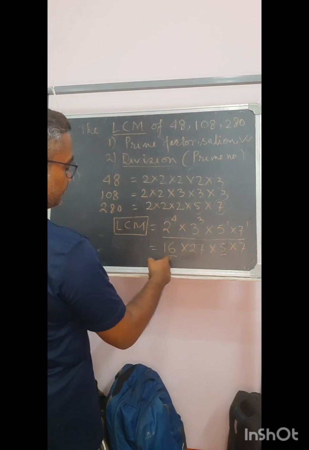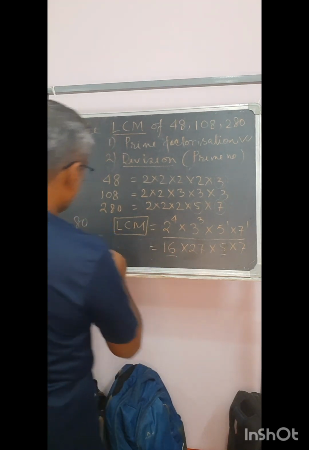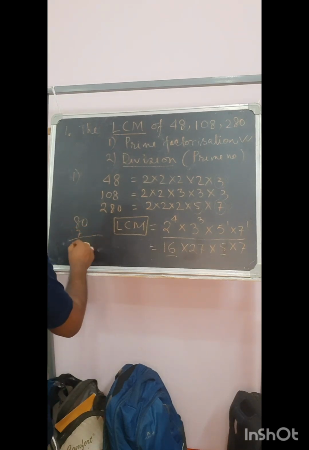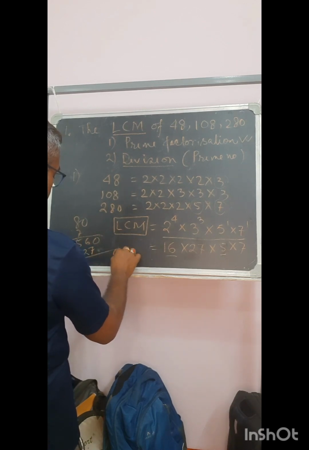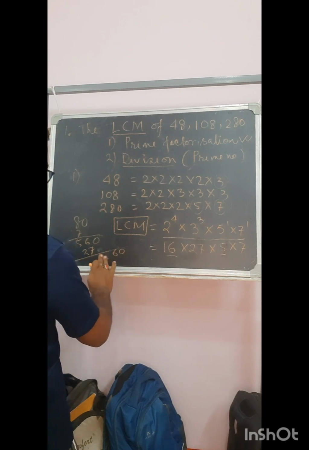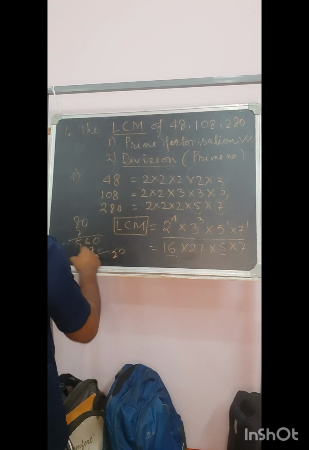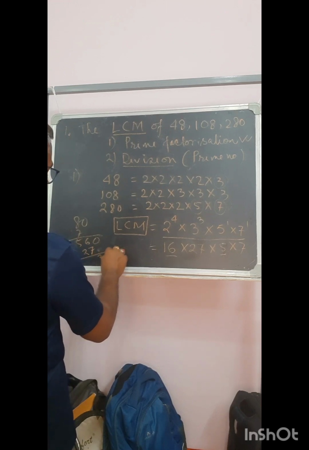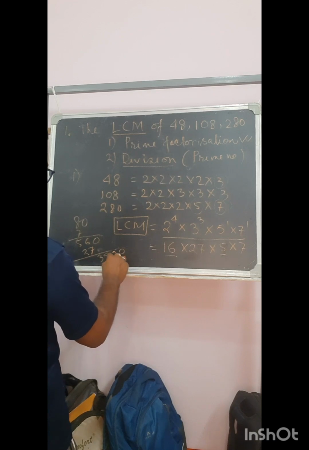5 16 80, and if I multiply by 7, 560, multiply by 27, it will give 0 6, 0 2, 39, 2 0 6 to the 12 11.